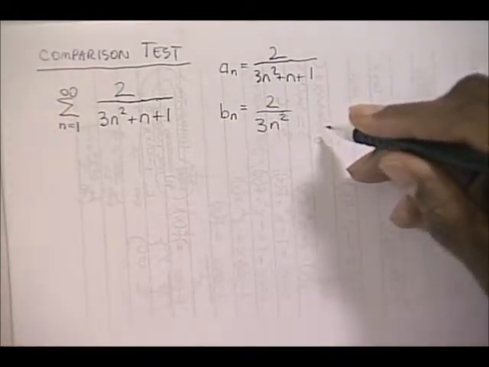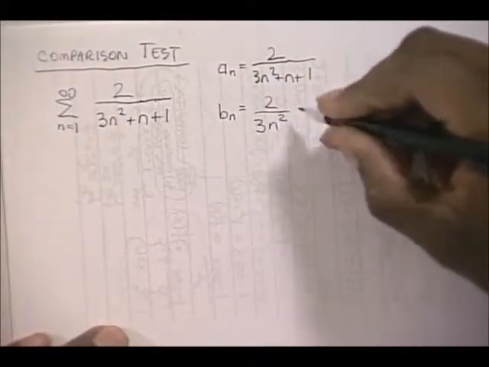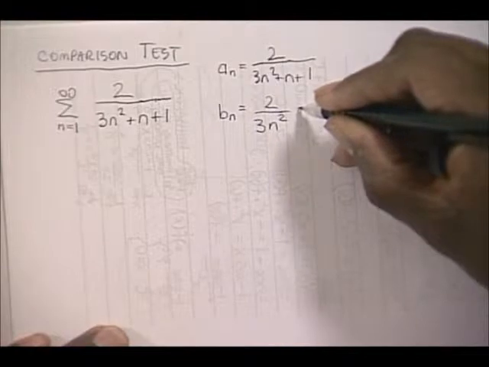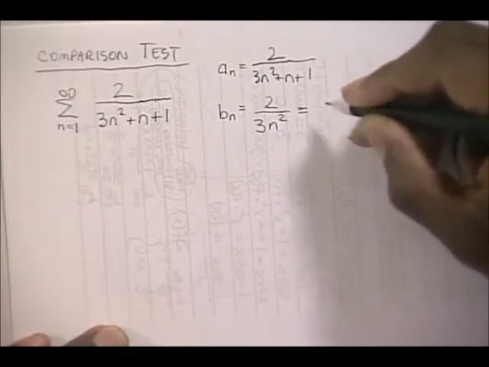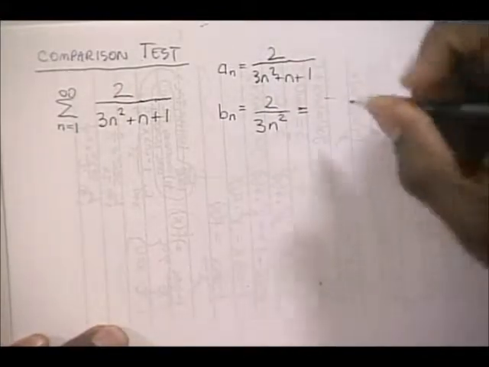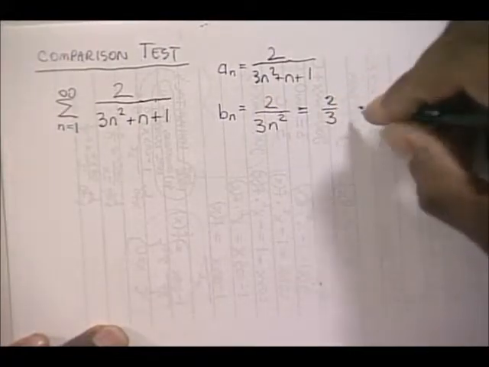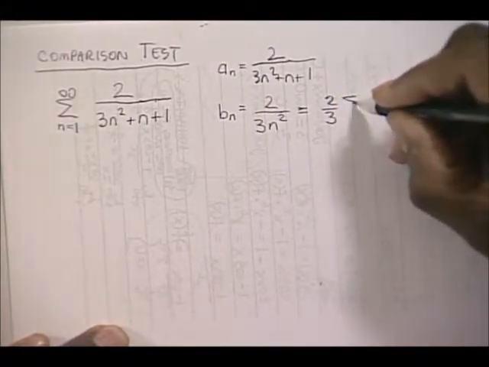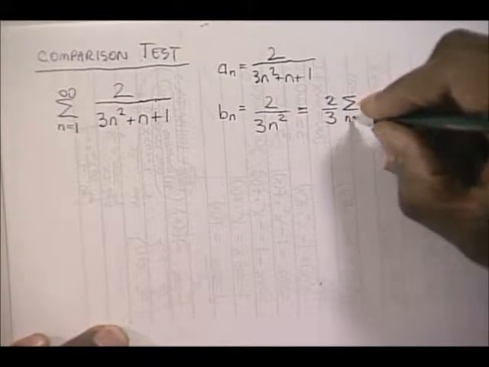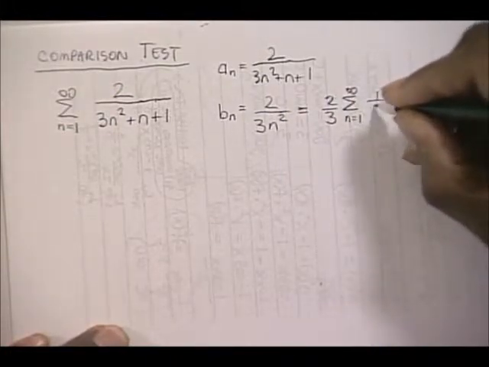If you take that 2/3 and pull it out, you can examine the summation from n is 1 to infinity of 1 over n squared.